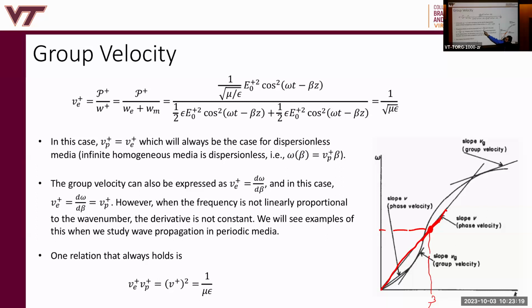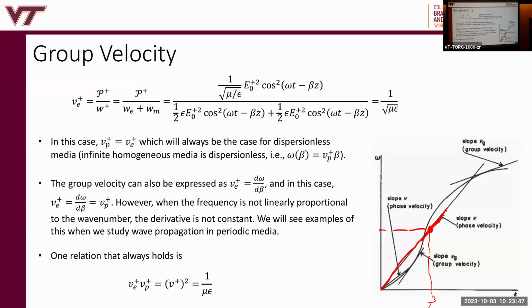So the group velocity can be described as d omega d beta. And in this case, because the energy velocity, d omega d beta, is equal to the phase velocity, the value of the curve is also the slope. It has the same slope everywhere, and that slope is also equal to the point on the curve.